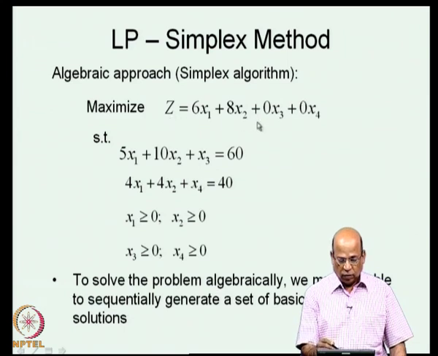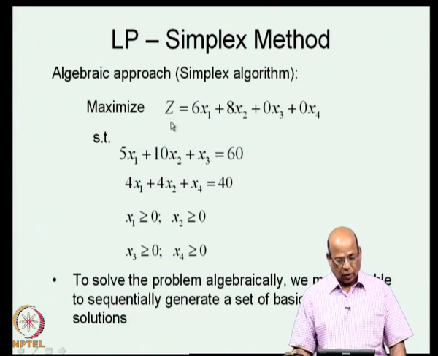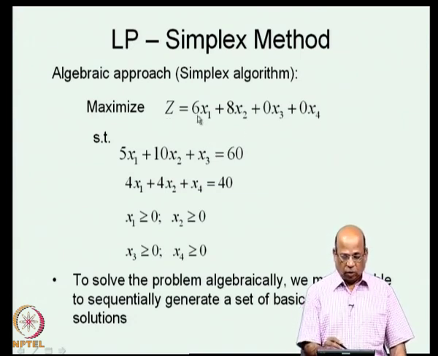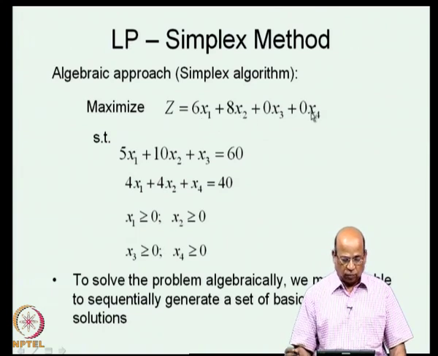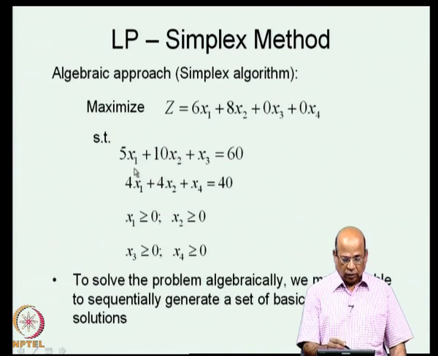We write the objective function with these slack variables having a 0 coefficient. That means, irrespective of the values of x3 and x4 in the final solution, your z value should not be affected. So, you write the objective function as maximize z is equal to 6 x1 plus 8 x2 plus 0 x3 plus 0 x4, and these are the constraints.